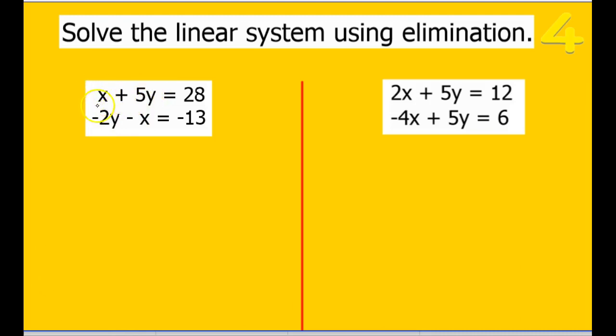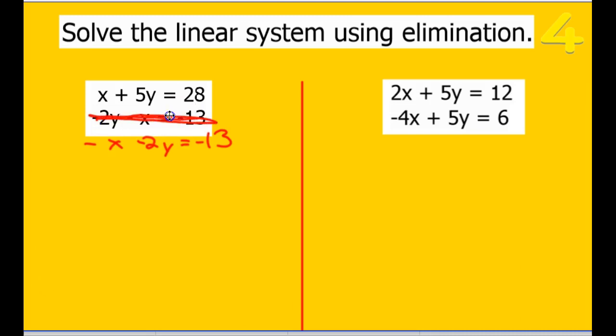So we have x minus 2y and 5y minus x. How are we going to find the opposite? Well, all we need to do is just flip them around. So instead of negative 2y minus x, we can flip that around and give us negative x minus 2y equals negative 13.